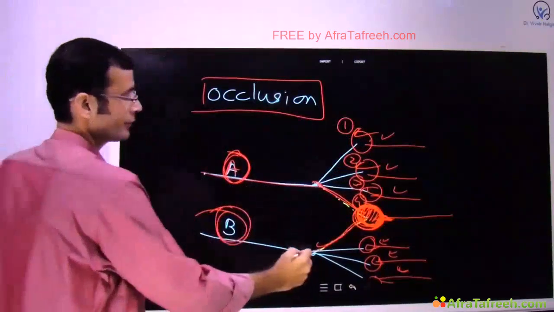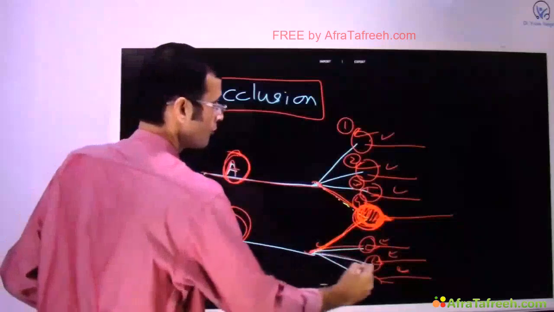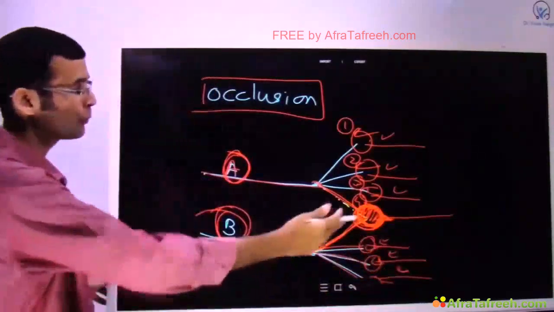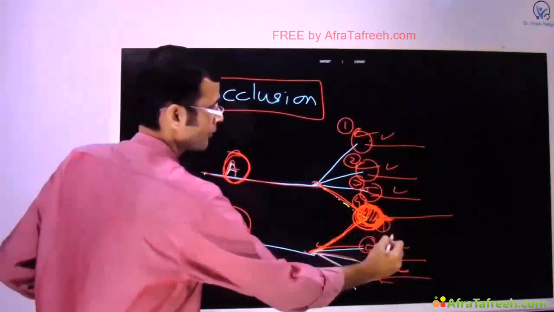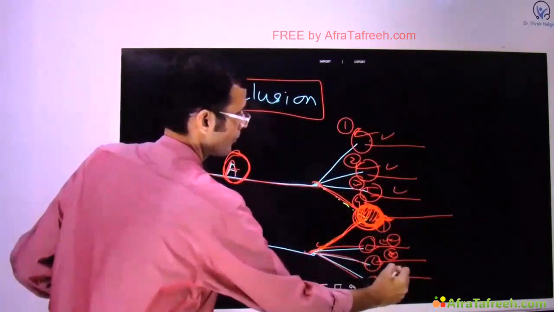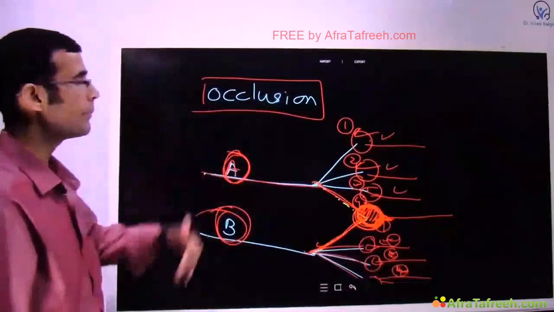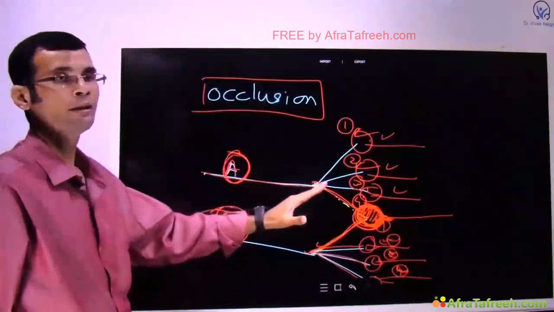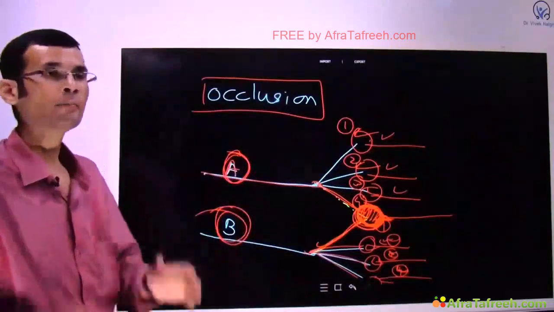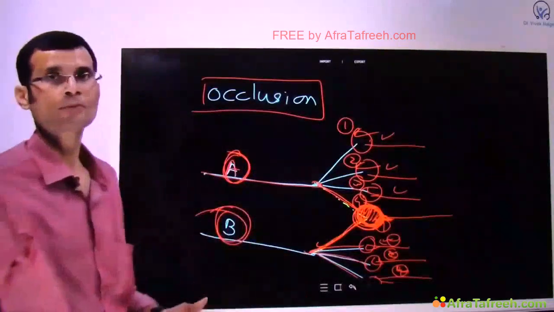When B fires, the 4 postsynaptic neurons will fire. But when A and B fire simultaneously, then 4 plus 4, not 8, but only 7 neurons will fire.